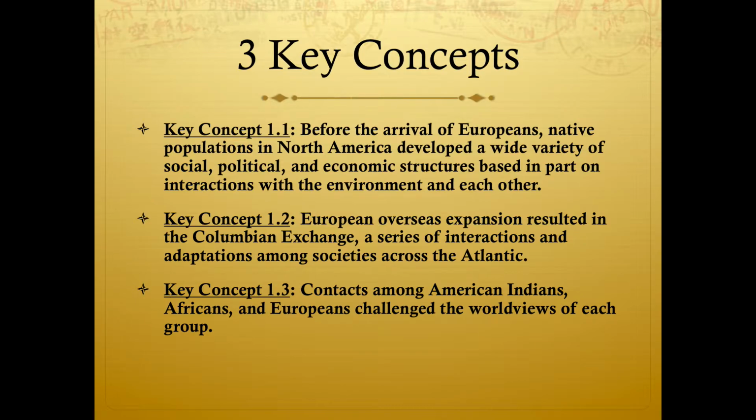And in the third one, we're going to talk about how American Indians, Africans, and Europeans, through contact within 20 years, 50 years, 100 years of being together like this, began to challenge how they viewed each other and viewed the world.